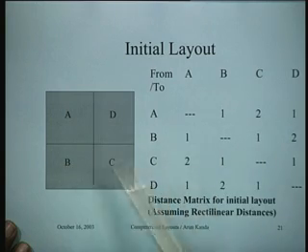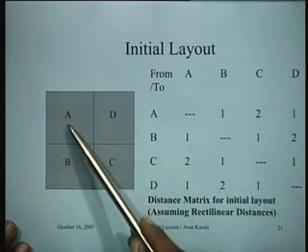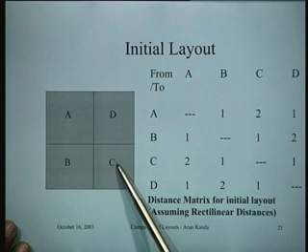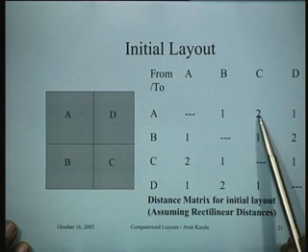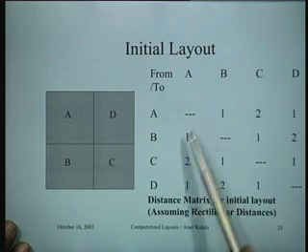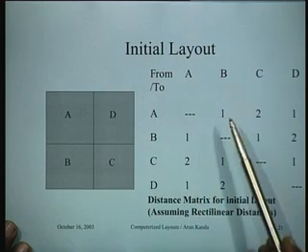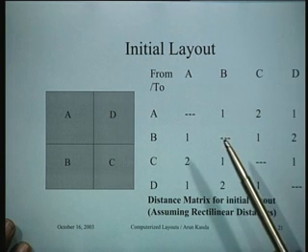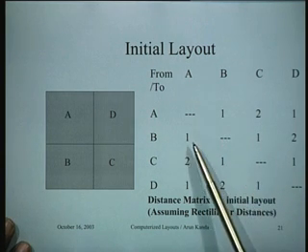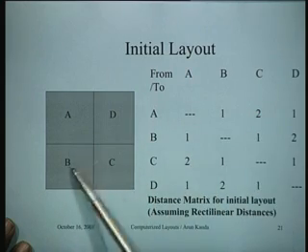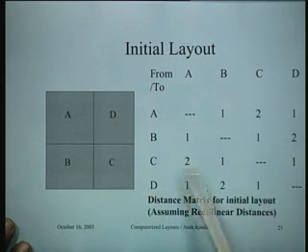So A to B is 1 unit. A to C is 2 units, because you will have to go like this from A to C. From A to D is 1 unit. Similarly, B to A is the same as A to B. It need not be, but here we are permitting 2-way travel. So B to A is 1, B to C is 1, and B to D is again 2 units, and similarly here.